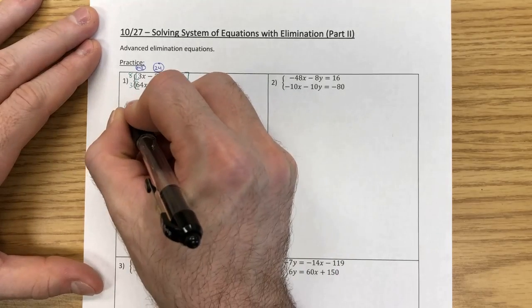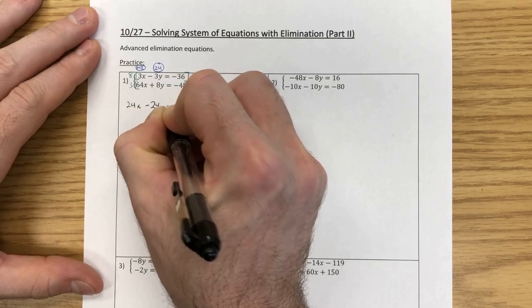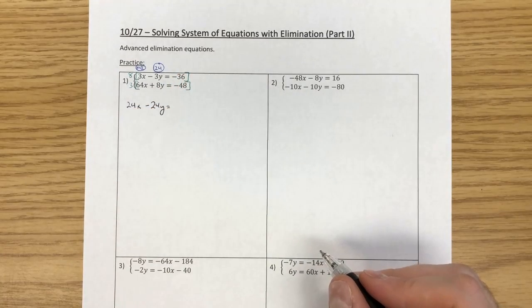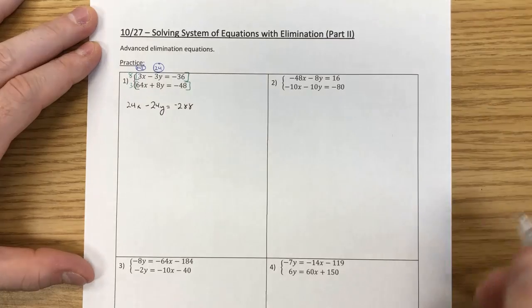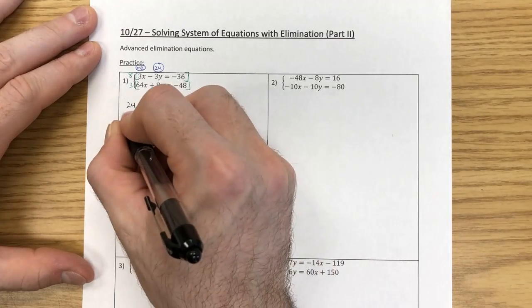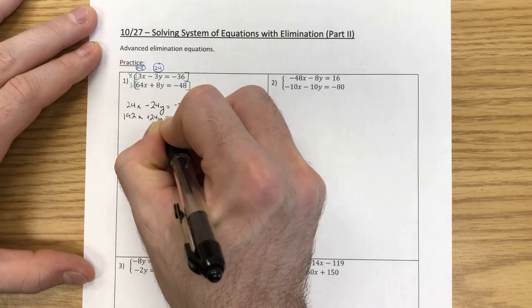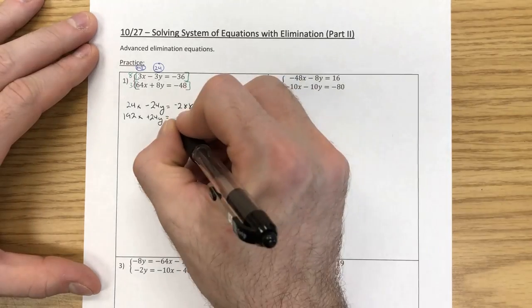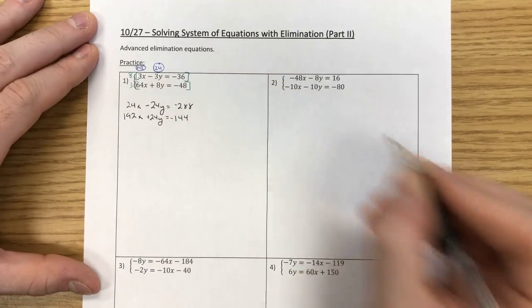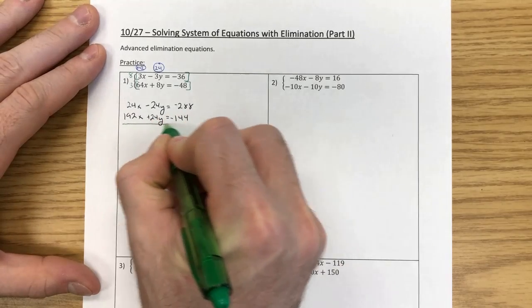And so my top equation is going to give me 24x minus 24y equals 36 times 8, which is 288. 64 times 3 gives us 192x plus 24y is equal to 48 times 3, which gives us 144. Boom.